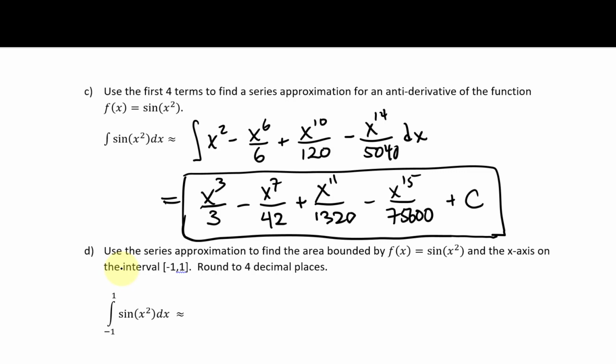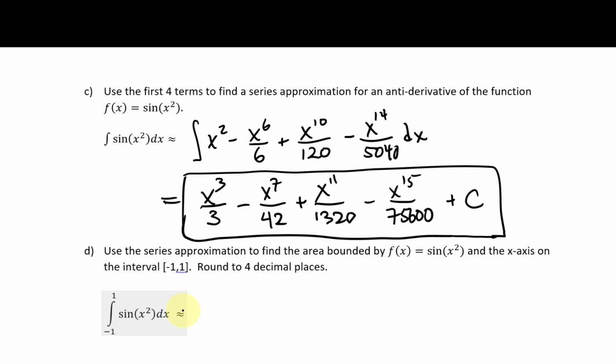Use the series approximation to find the area bounded by f of x equals sine of x squared and the x-axis on the interval from -1 to 1, and round to 4 decimal places. So we'll take the antiderivative and plug in the bounds. Oh, hold on a second. Because I've got a -1 and a +1, and I know this is an even function, it doesn't matter whether you plug in negative or positive values, you'll get the same result because of that square.